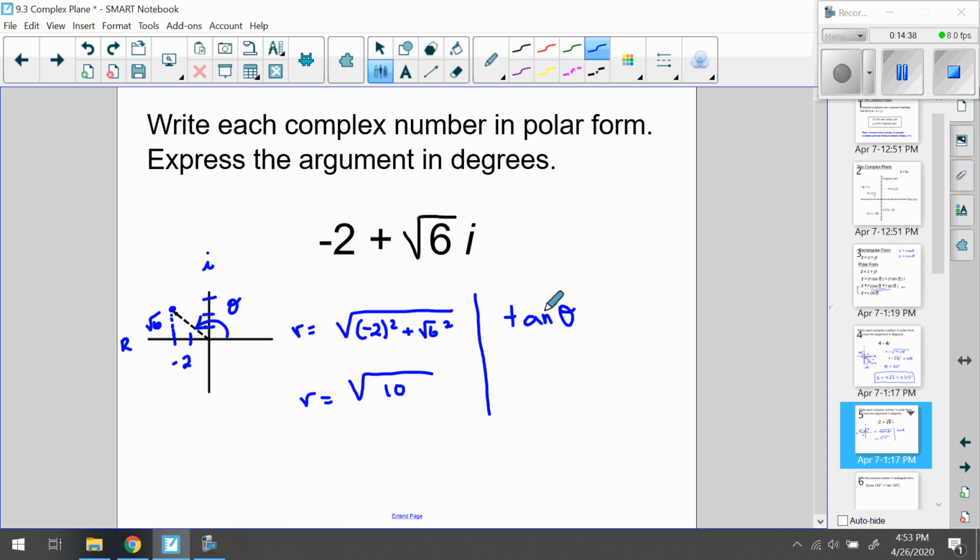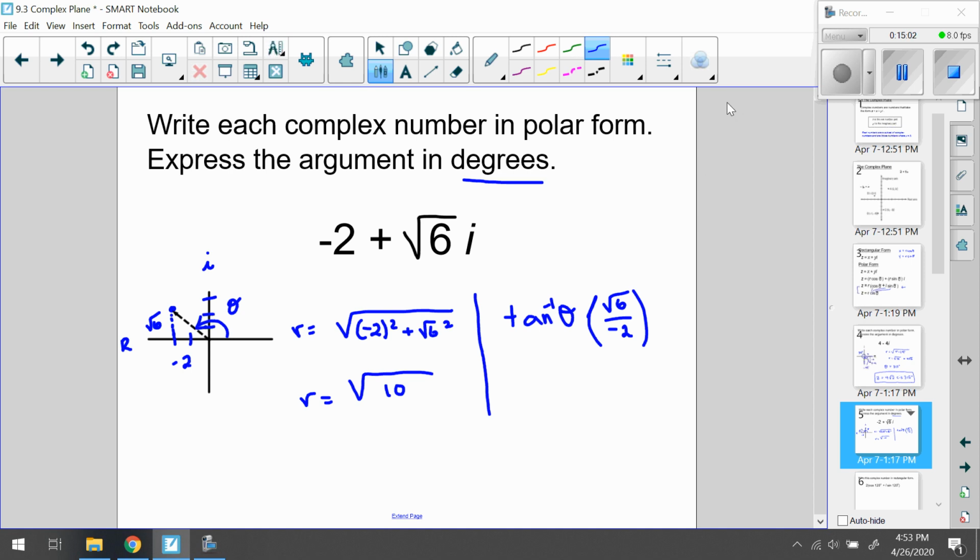So I'm going to say inverse tangent of the ratio of y over x, so root 6 over -2. And so I'll put this in on my calculator. Now you might remember earlier we mentioned they want the answer in degrees.